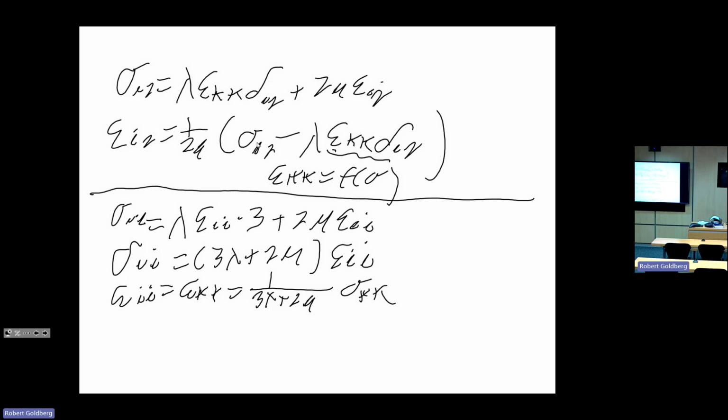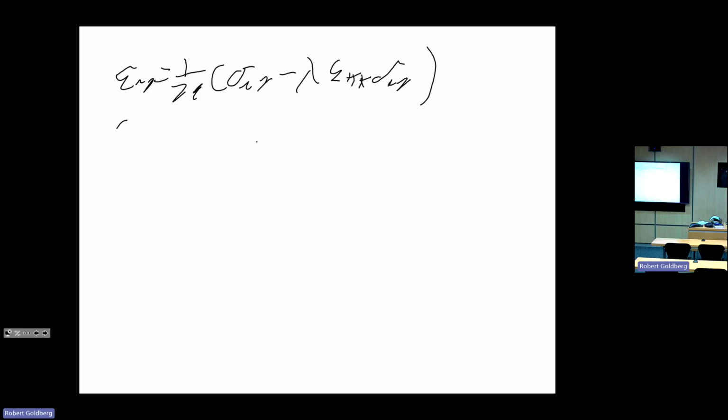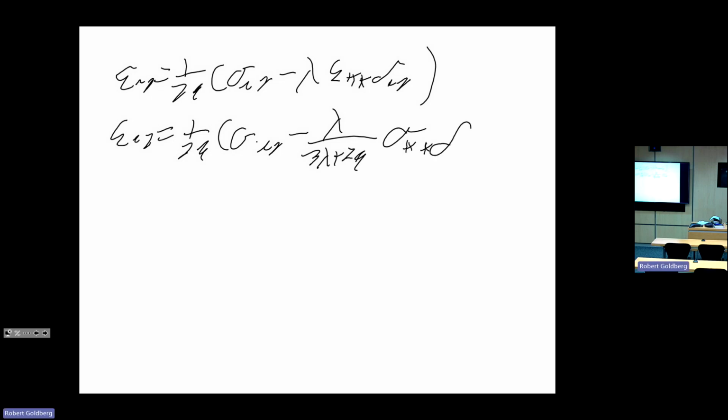Now we can plug this into epsilon ij equals 1 over 2 mu times (sigma ij minus lambda epsilon kk delta ij), and we have that epsilon ij is 1 over 2 mu times (sigma ij minus lambda over (3 lambda plus 2 mu) times sigma kk delta ij).